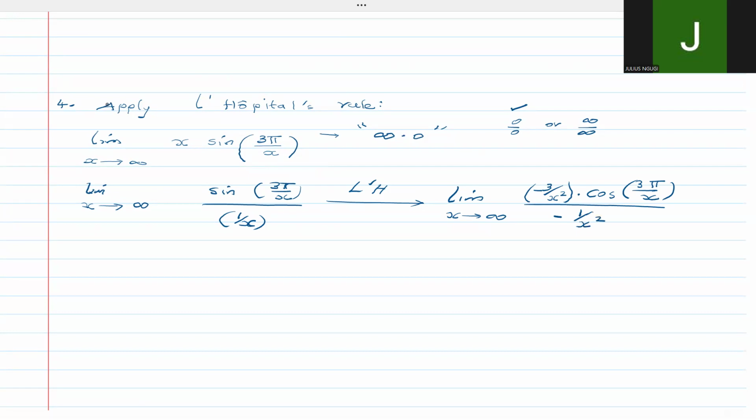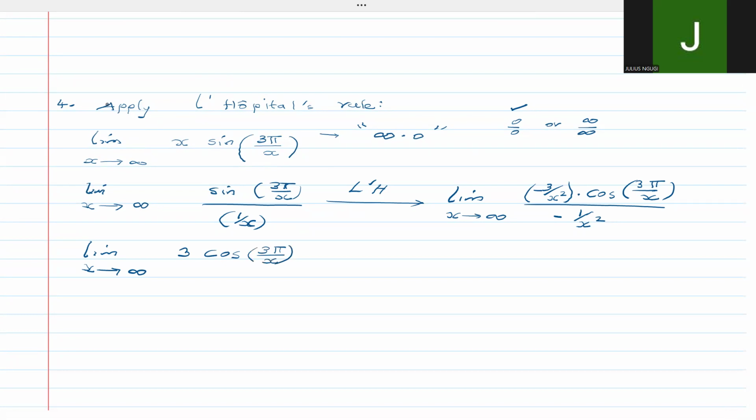Again, before you inspect, you can simplify, and you can cancel the negative signs and the x's. So by simplifying, you have the limit as x approaches infinity of 3, because the x's are canceling and the minus is canceling, you get 3 cosine of 3 pi divided by x as the argument.